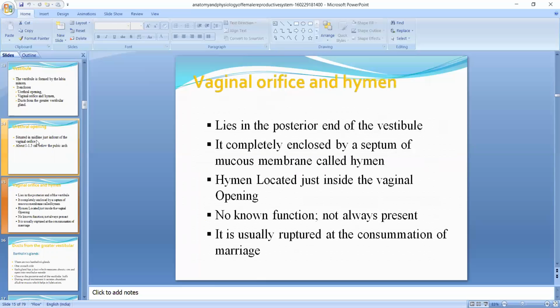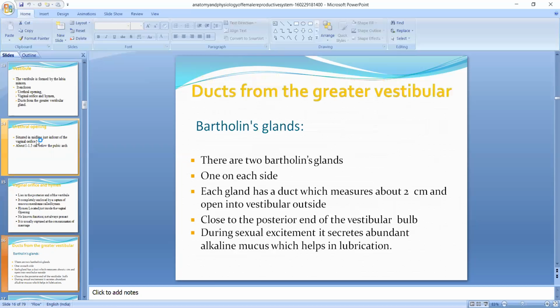The vaginal orifice lies in the posterior end of the vestibule and is partially enclosed by a membrane called the hymen, and this is the last strand before the vaginal canal.